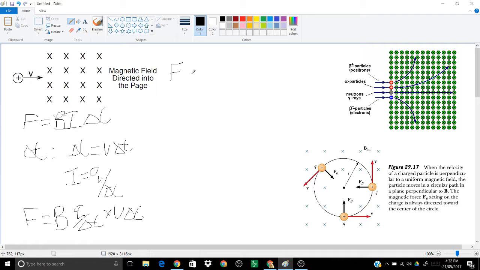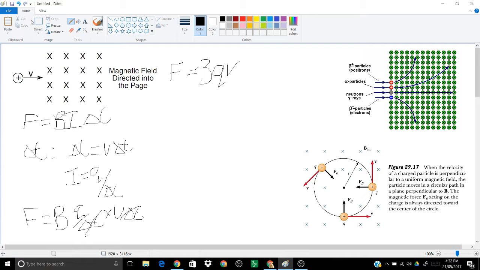This will also remain the force on the charge as it's moving through the field. F equals B Q V. As you notice, that delta T will cancel with that delta T.